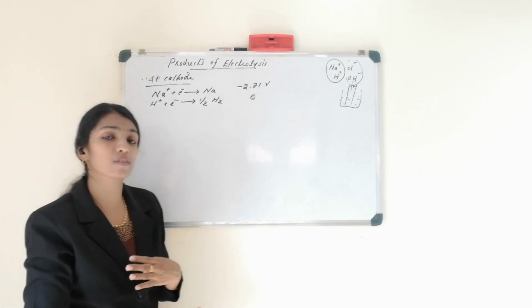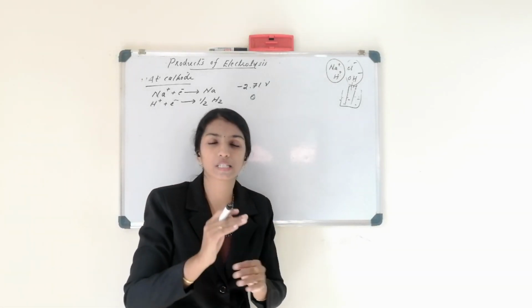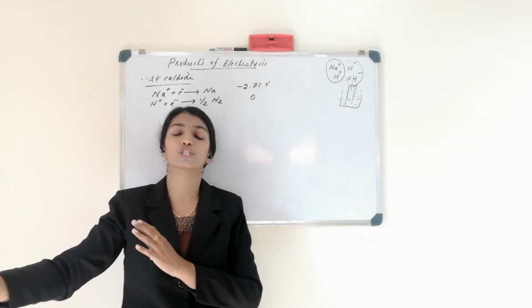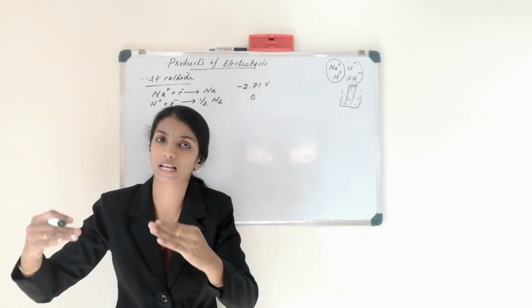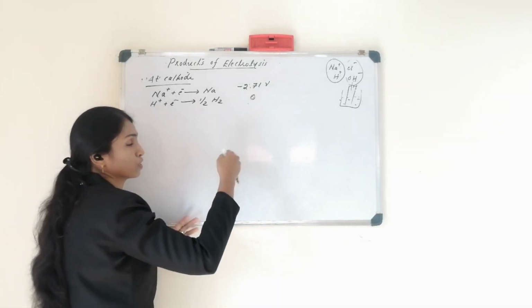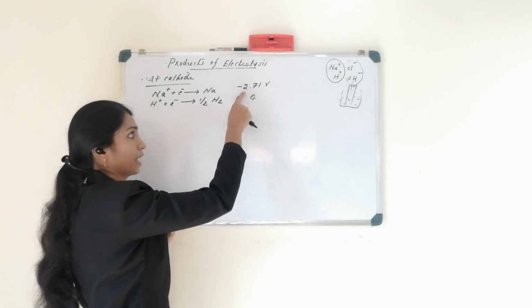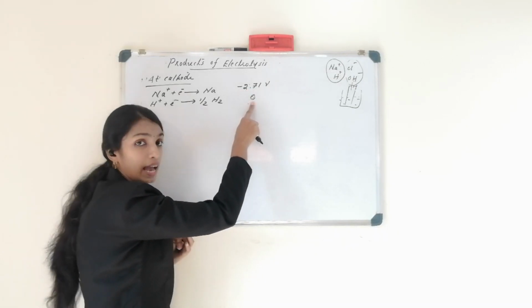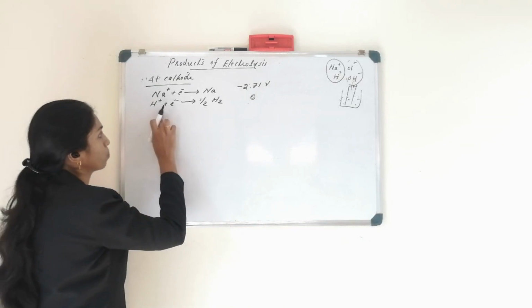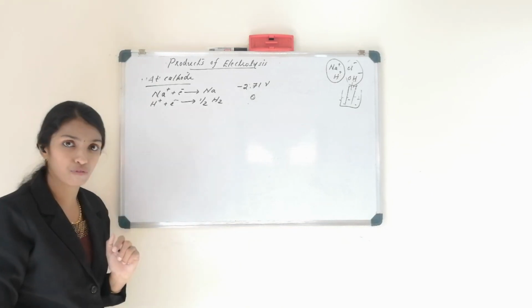The one which has a higher value of reduction potential has more tendency to reduce. Higher value of reduction potential means higher tendency to reduce. Among these two values, which one is higher? This is a negative value, no? So this is the higher value. So here the preferred reaction is H+ + electron gives half H2.